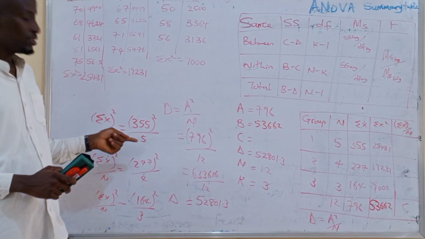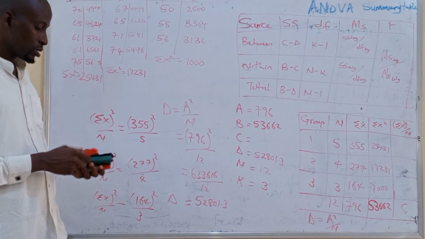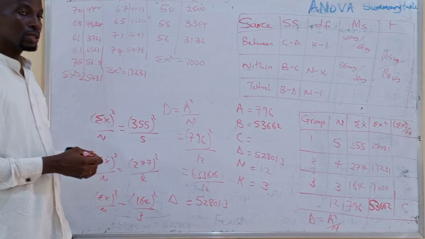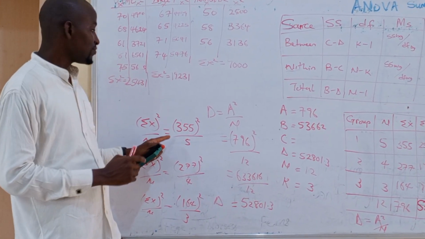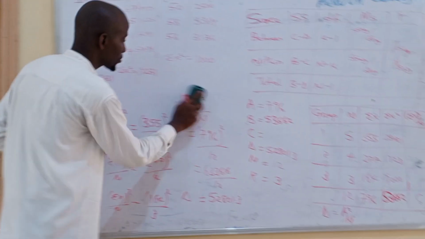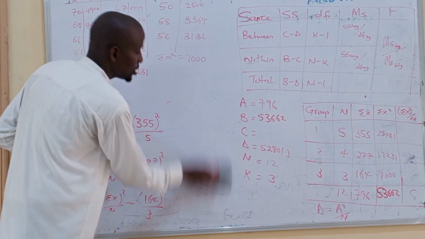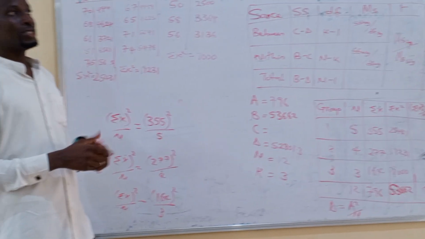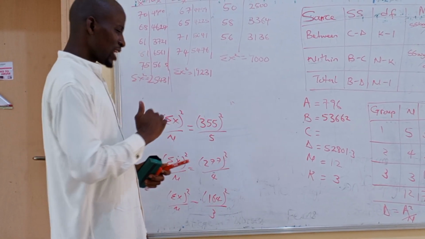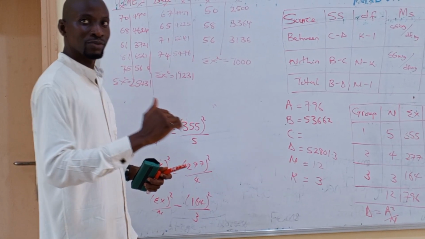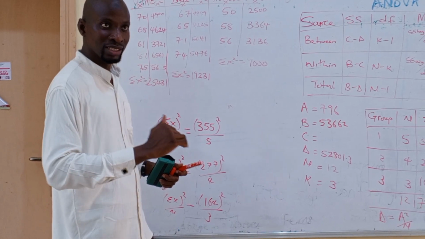Let us do that. 355 squared divided by 5 will give us what? 355 squared first gives us 126025. In an exam situation, if you have the whole time, be explicit enough, because at every stage you will be given marks.